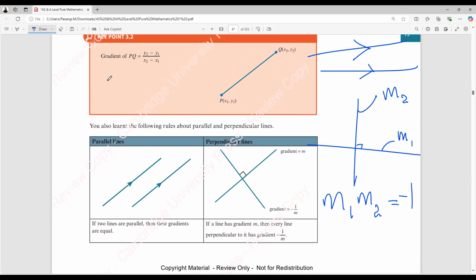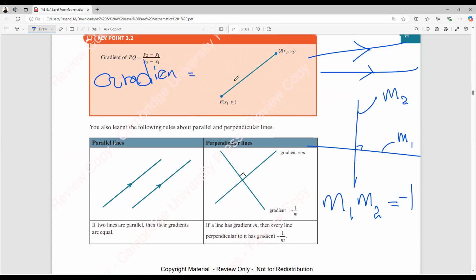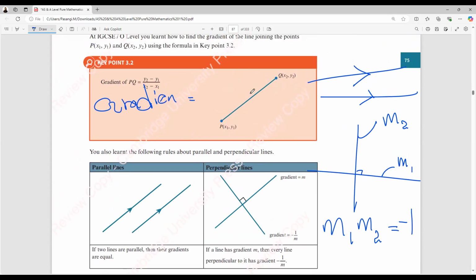Now, we know how to find the gradient because we already learned it. To find the gradient, we take the difference between the y coordinates, y2 minus y1, divided by the difference of the x coordinates, x2 minus x1. Always consider the second point first.